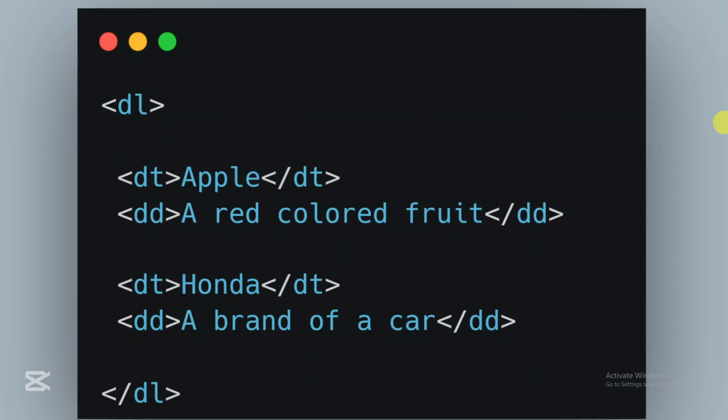Next, we would put all the concepts we've learned into practice. I would launch my code editor and I'll demonstrate how to create 4 things: unordered list, ordered list, a nested list, and a description list. So let's jump right in.